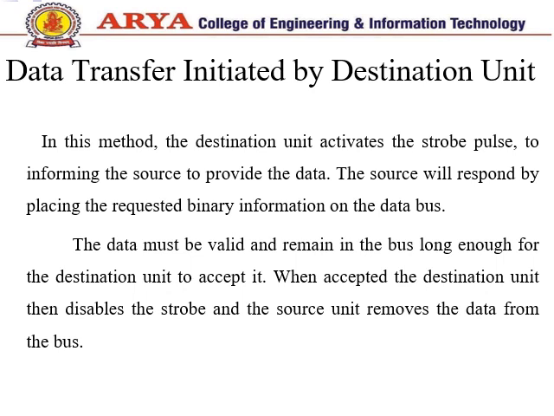The source will respond by placing the requested binary information on the data bus. The data must be valid and remain in the bus long enough for the destination unit to accept it. When accepted, the destination unit then disables the strobe and the source unit removes the data from the bus.